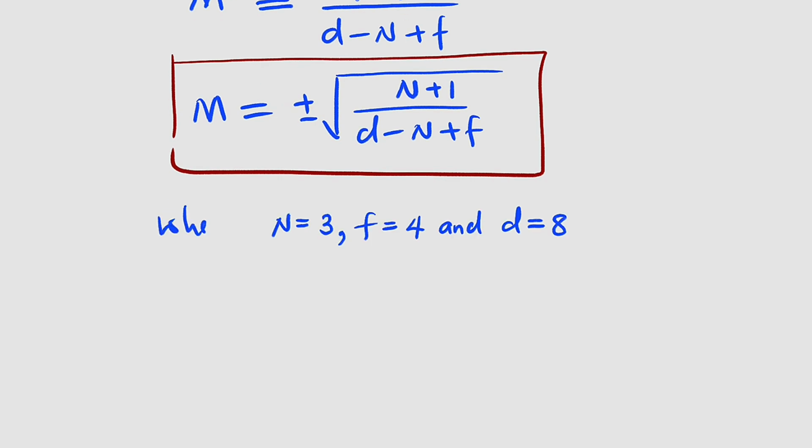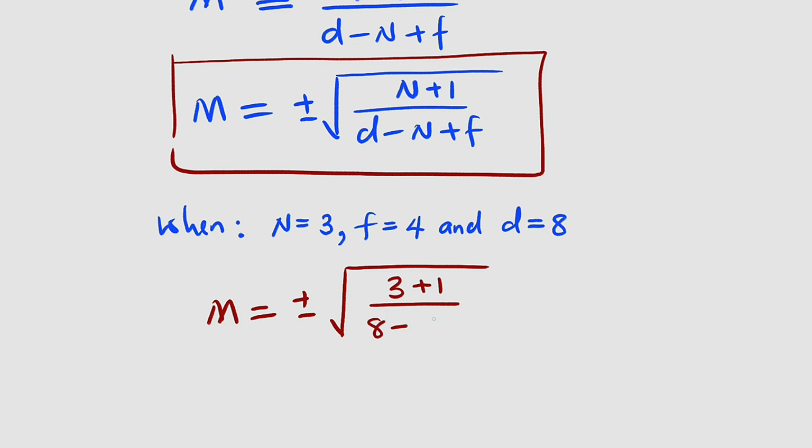So when we have these values, we are going to substitute. Therefore, m will now be equal to plus or minus the square root of, n is 3, so we have 3 plus 1 to the top, divided by d is 8 minus n is 3, then plus f, and f is 4.